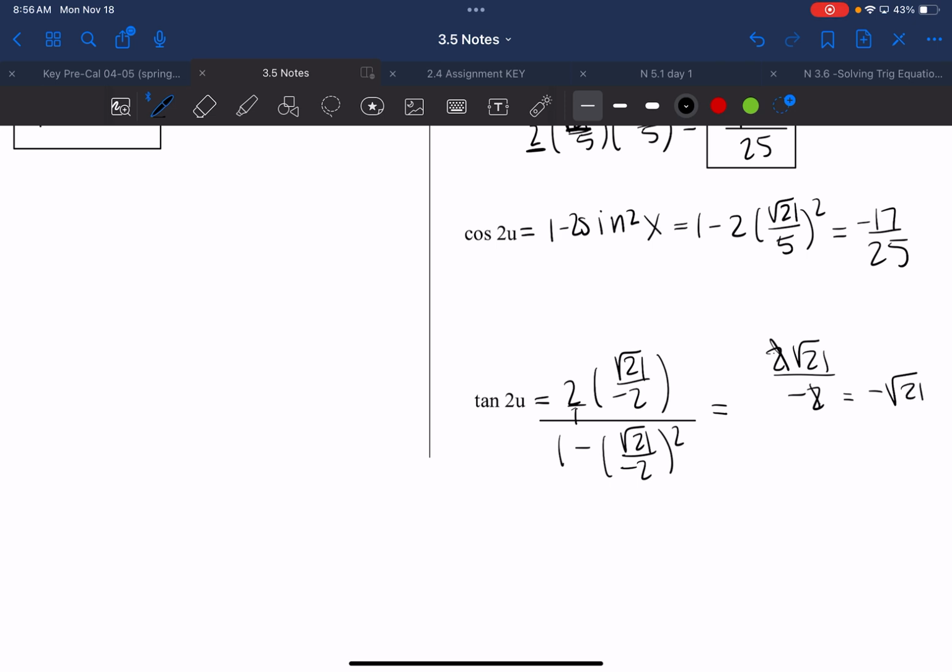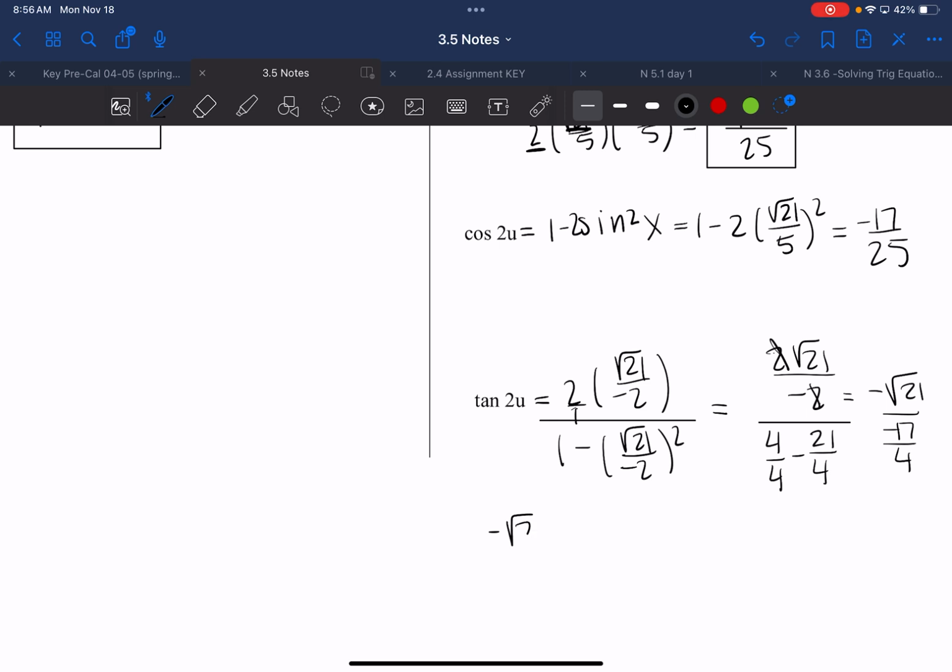In the denominator, what is root 21 squared? 21. And what's negative 2 squared? 4. So I would change that 1 to 4 over 4, right? And what is 4 minus 21? Okay, so we're left with negative 17 over 4, right? Okay, so I still have a fraction within a fraction, so I keep that first part.